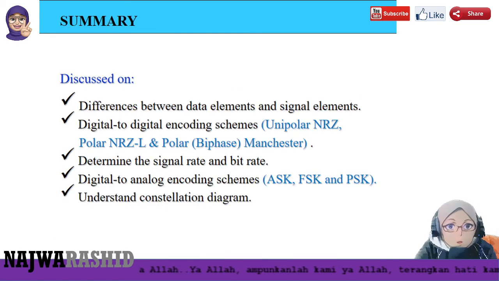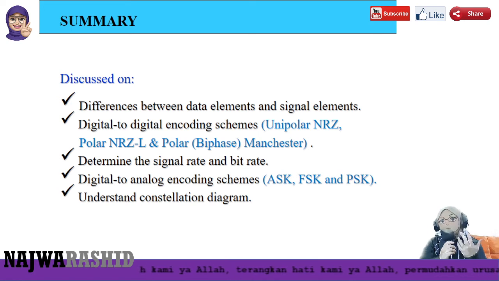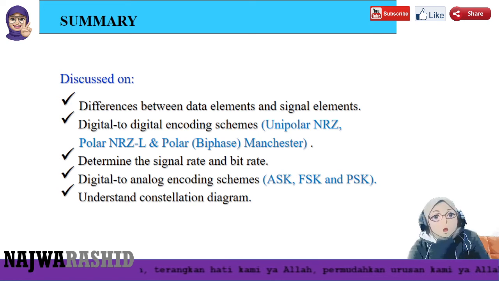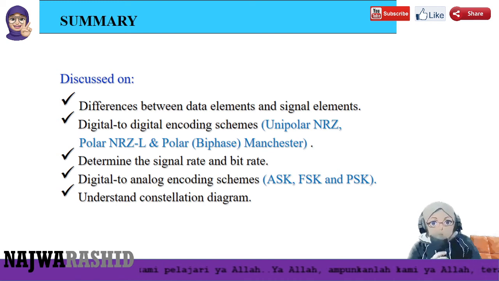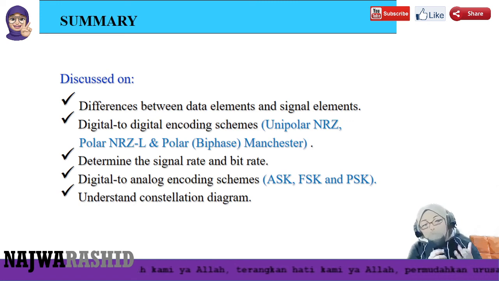So that's all for this chapter, data encoding. We already learned about digital to digital, and then an overview of digital to analog, analog to digital, and analog to analog. You should know the differences between data element and signal element. The digital to digital encoding schemes we have learned are NRZ, NRZ-L, and Manchester.